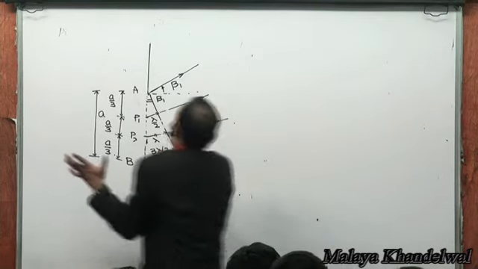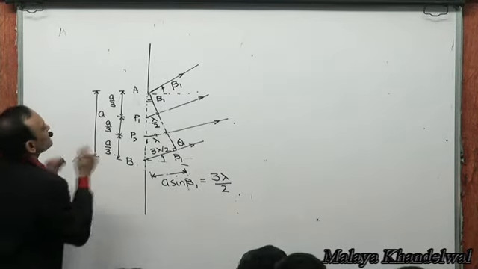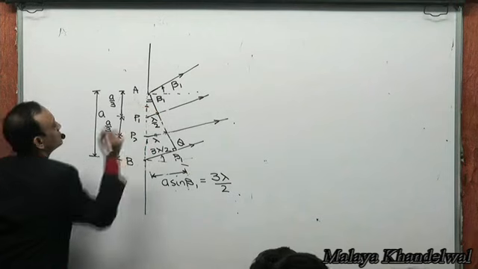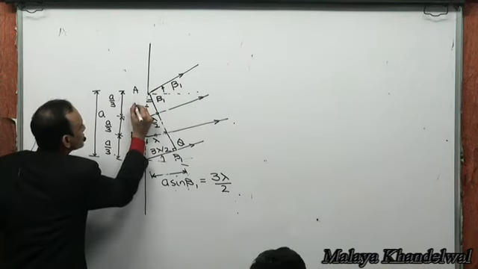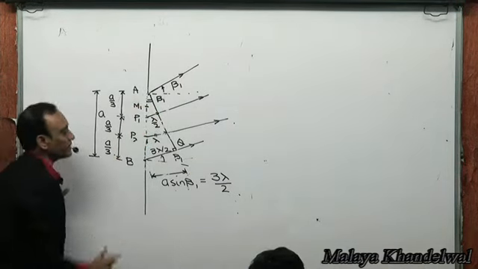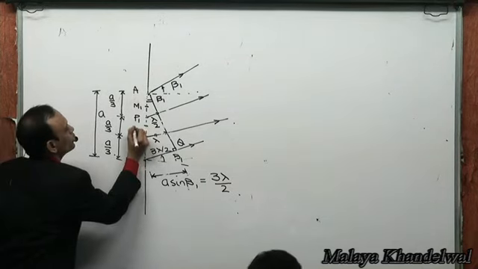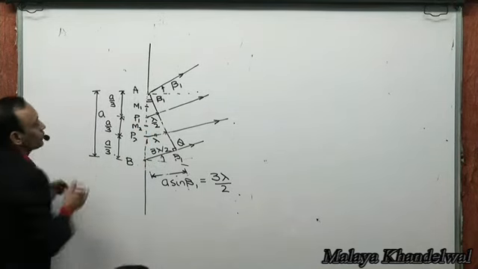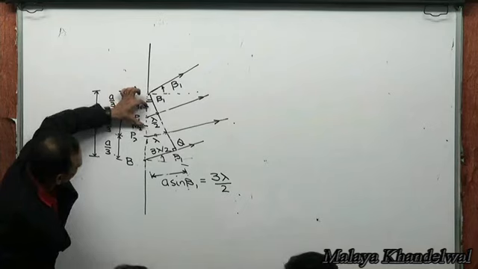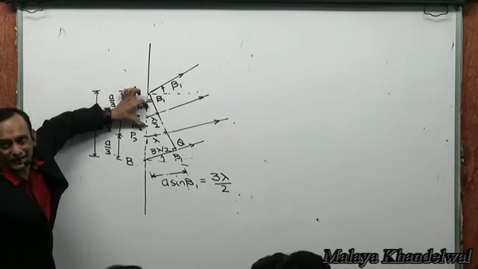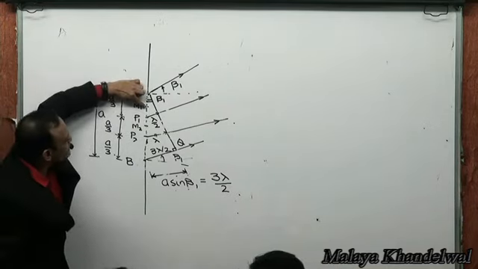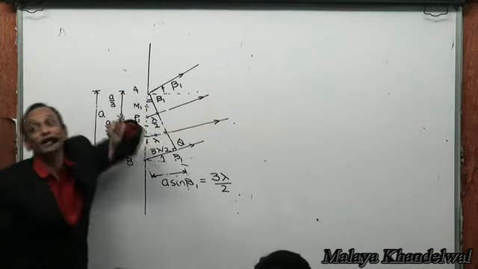Which means now, can I select a point M1 between A and P1 and a point M2 between P1 and P2, such that M1M2 is A by 3, and the path difference between the rays from M1 and rays from M2 would be lambda by 2?